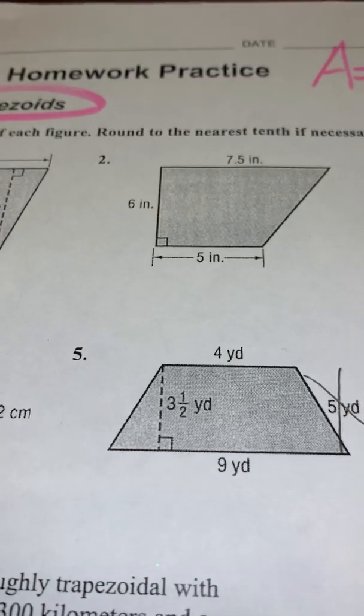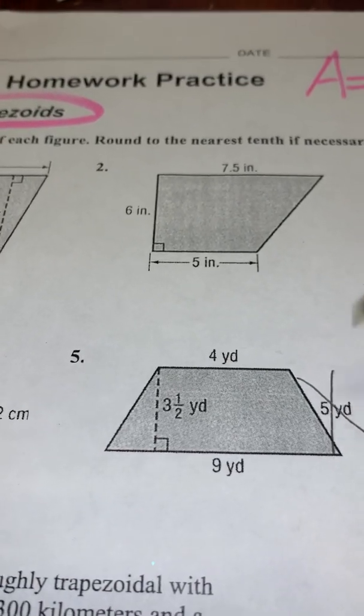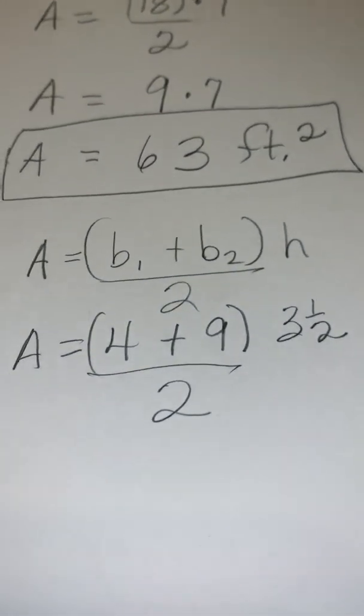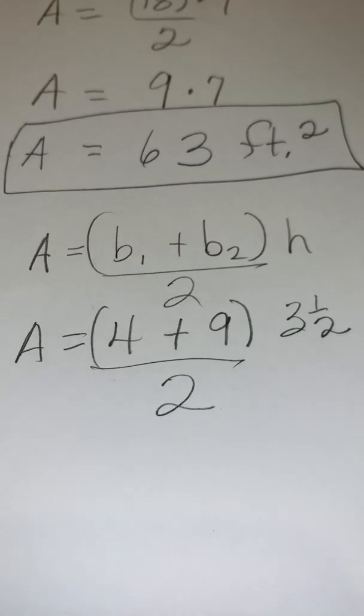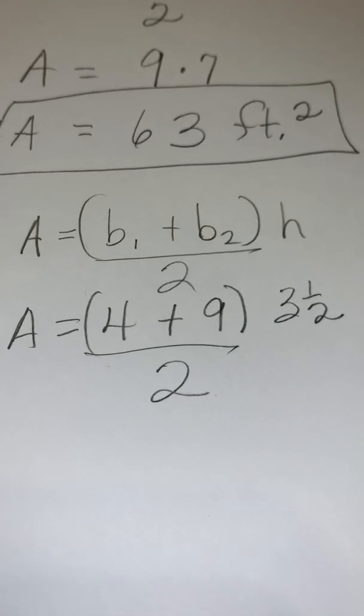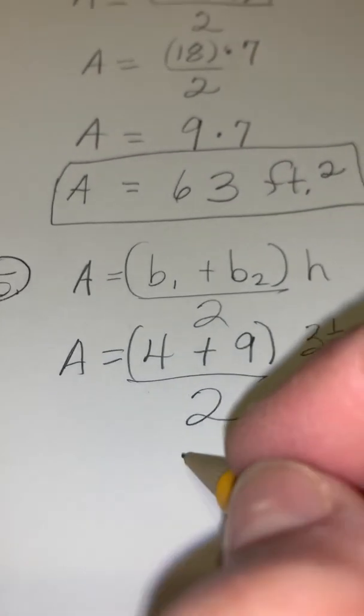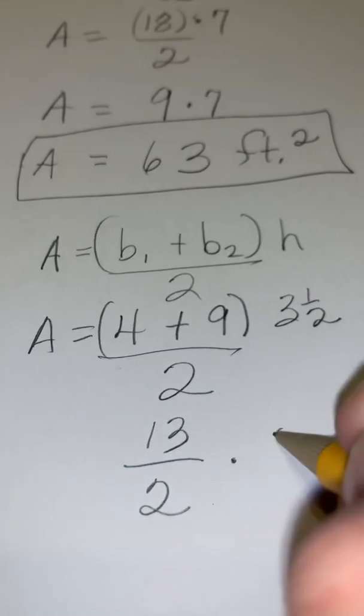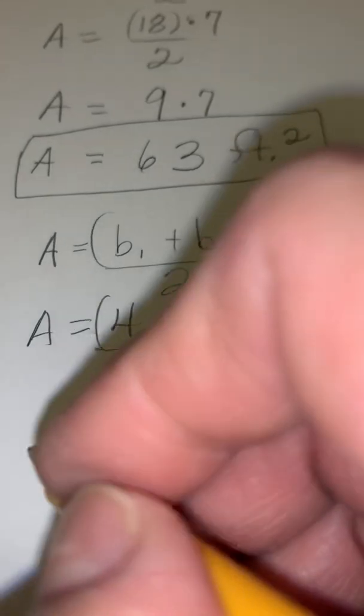That's a leg measurement. We only need the base 1, base 2, and the height that's perpendicular to the base. Okay, so let's go over here and see what we've got. So what's 9 plus 4? That would be 13 divided by 2 times 3.5.